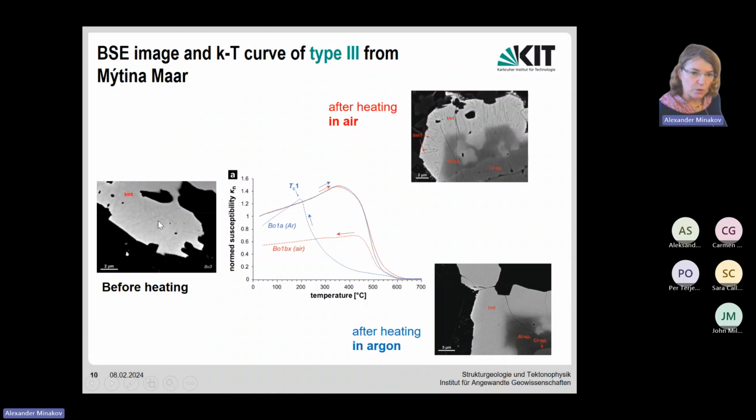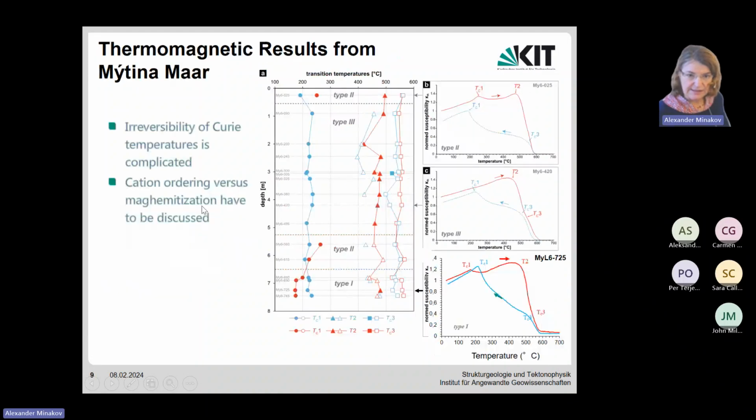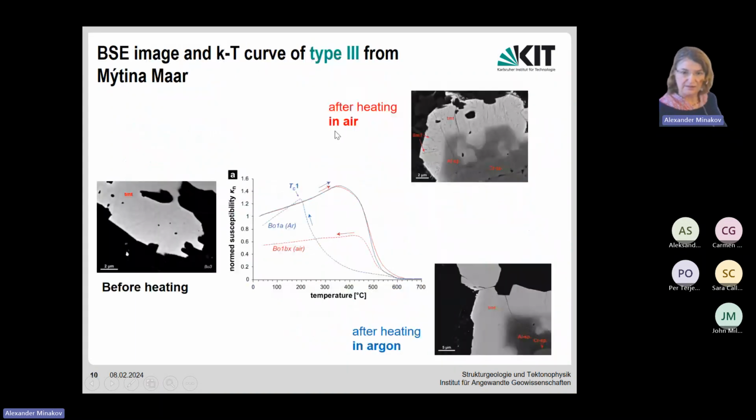And just one look here, it's a sample from here, this type 3, which looks like this. This is a backscattered electron image. You see some textures in here. And this is a temperature dependence of magnetic susceptibility. It's a heating curve, and then we have the cooling curve, once done in an argon atmosphere and once done in air. And you see a clear difference. We have also done these SEM images. So this is before, and this is after heating in argon.